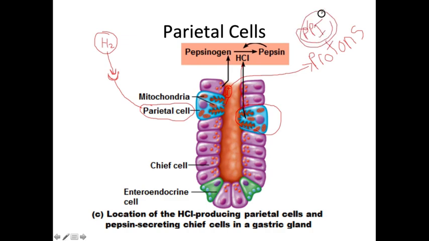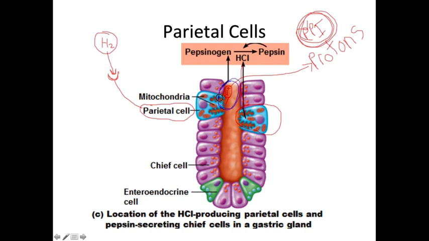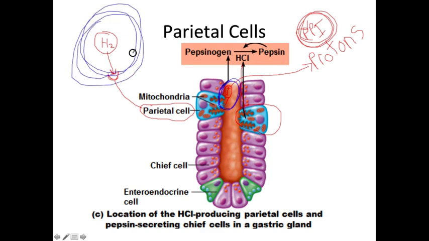If we're using a proton pump inhibitor, it's going to be blocking this portion here. But if we're using a histamine blocker, we're blocking this before the parietal cell, all right?